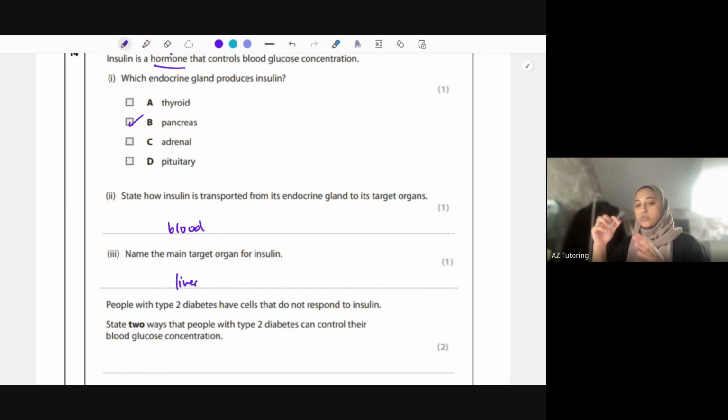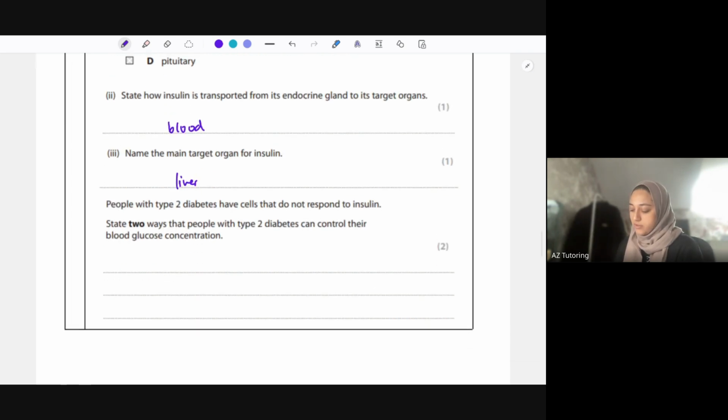But if it's used everything it needs for respiration and doesn't need any more, the insulin tells the glucose to go to the liver and be stored away as glycogen. So that's the reason why it's a target organ for insulin. A lot of people get confused with that, like why the liver? It's to store away glucose as glycogen if the blood glucose concentration is too high.